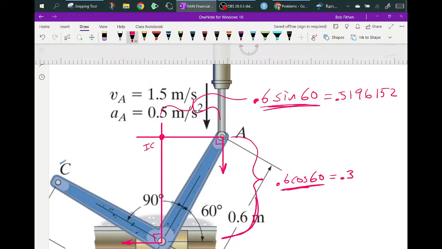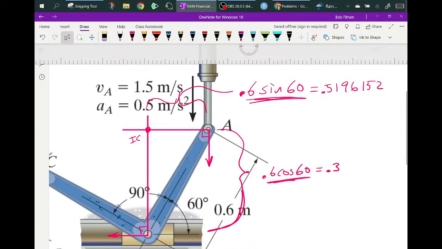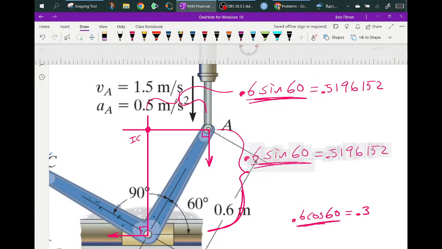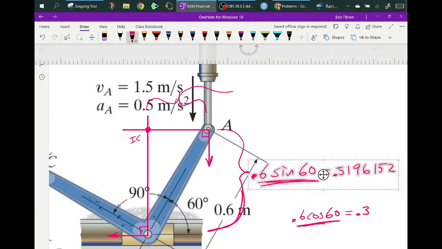So I can definitely tell I had it right the first time, but it wasn't related to this. But let me fix it again. Here's the way I'm going to fix it. I'm going to take this, slide it out of the way. Now, take this one, I'm going to move it to right here.